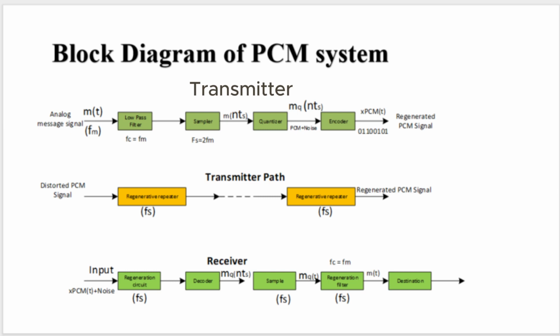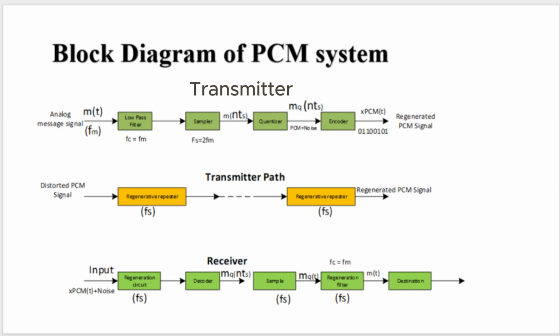The more important feature of the PCM system lies in the ability to control the effect of distortion and noise when the PCM wave travels on the channel. This is accomplished by means of using a chain of regenerative repeaters. Such repeaters are spaced close enough to each other on the transmission path.